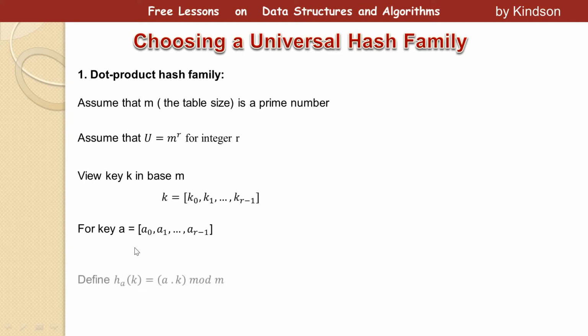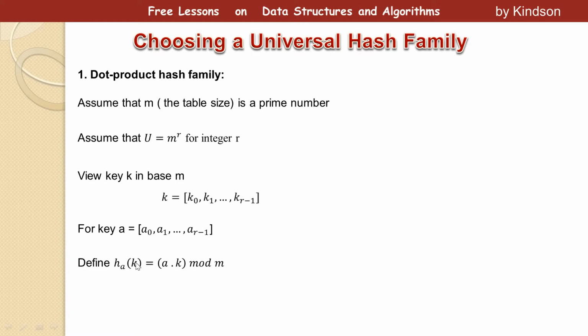So what is a? We have a to be the index of each of the hash functions that can be selected, so select h a0, h a1, and things like that from this set of universal hash functions.